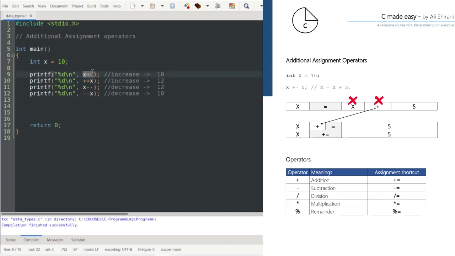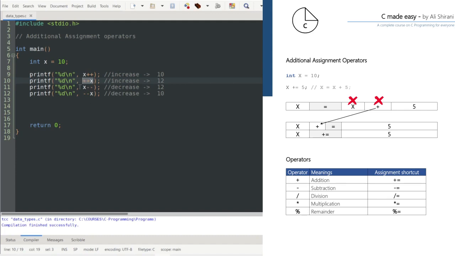This was increase by 1 after the parent statement has used this variable, and prepending or using as a prefix the plus plus operator means increase before the parent statement is using this variable.